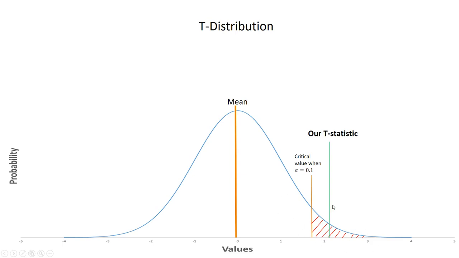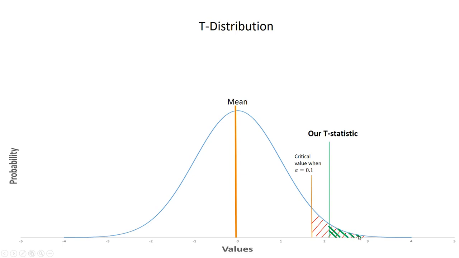I mentioned before the term p-value. The p-value is the probability of observing a t-statistic at least as large as the one that you observe. What does that mean? That means the probability of a t-statistic being at or above our t-statistic. So that's this region here.